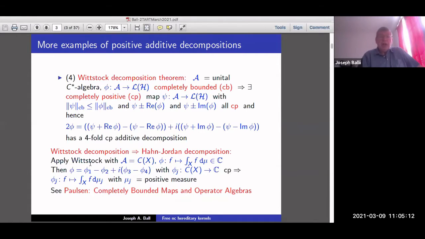Then Wittstock says you get this linear combination of completely positive maps, but a completely positive map in this case is the same as a positive map, which is given by integration against a positive measure. So then you have it.